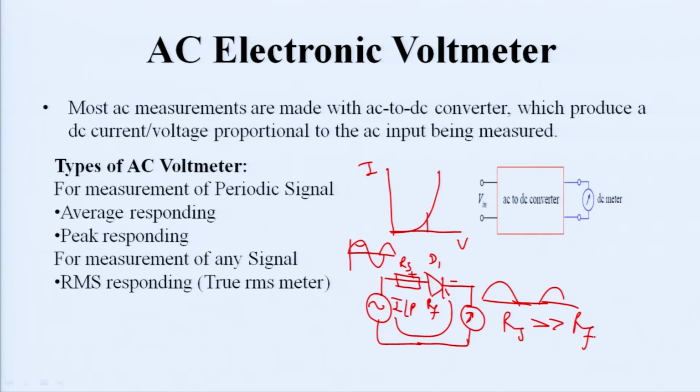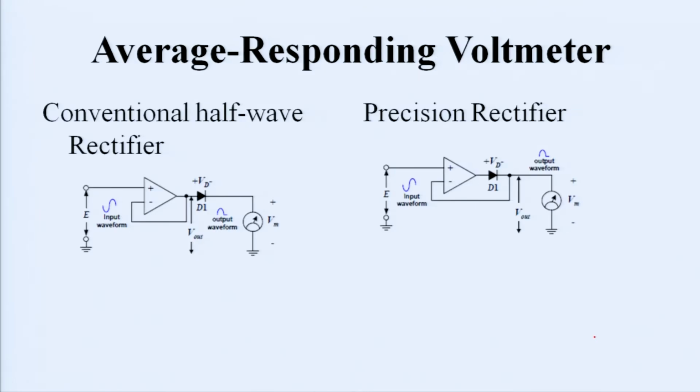But if a signal is not periodic in nature, then it can be measured by the RMS responding voltmeter, that is the true RMS meter. If we have a triangular, rectangular or sinusoidal signal, or any form of signal that is not repetitive in nature, then we use the RMS responding meter.